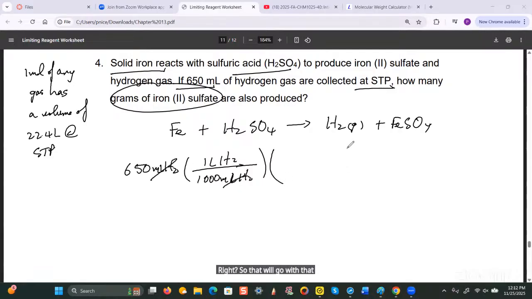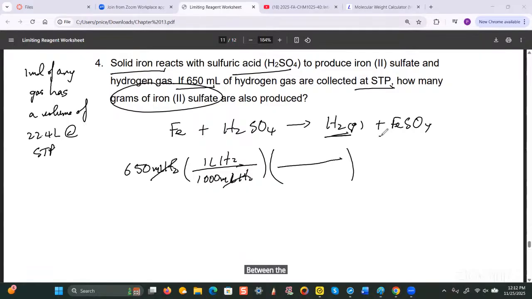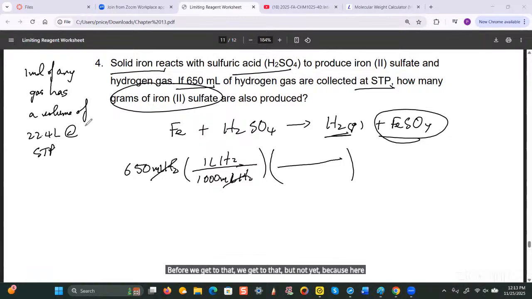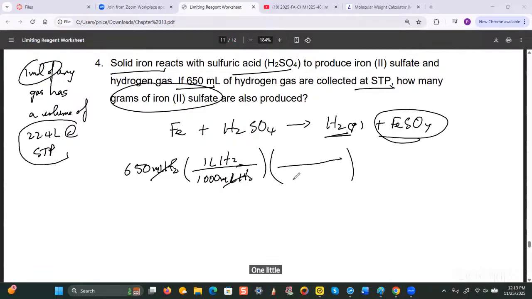And then the next conversion factor will be the mole ratio between the hydrogen and the iron 2 sulfate, and that's 1 to 1. Oh no, before we get to that, we'll get to that, but not yet, because here we're going to write down a conversion factor which represents what we just said: 1 mole of any gas has a volume of 22.4 liters.